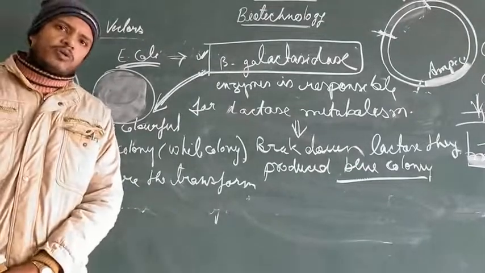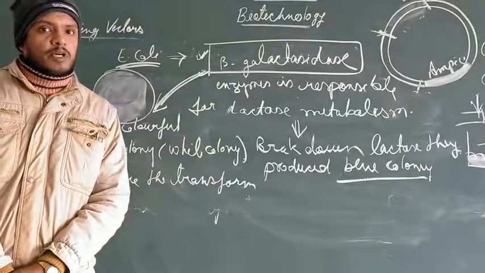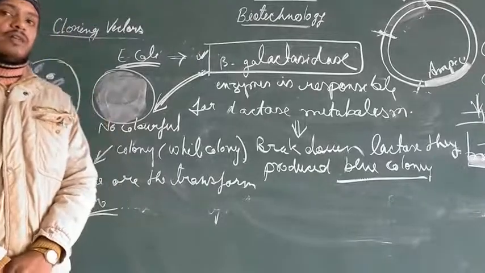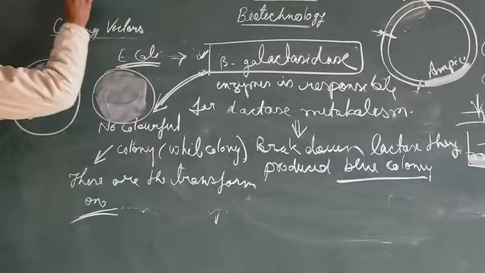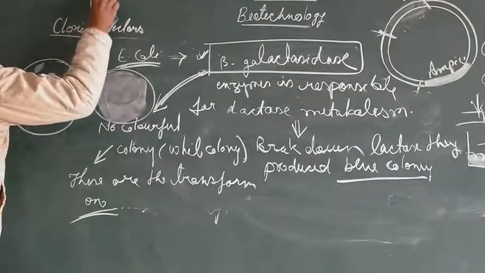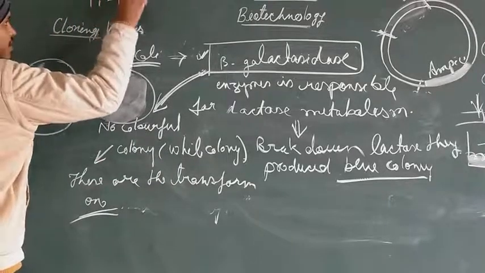Continuous cell growth or cell division takes place in that particular region, causing tumor formation. That is known as Ti plasmid.